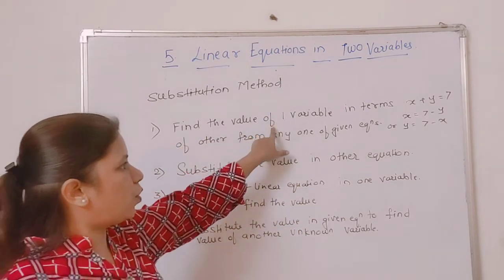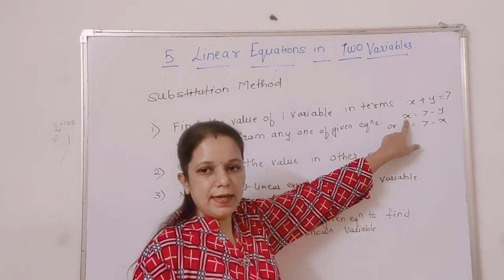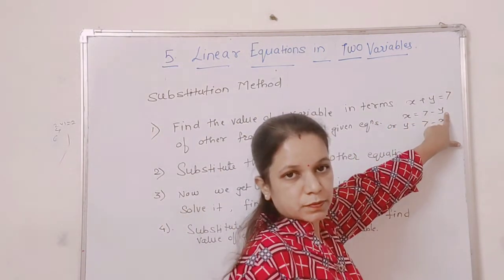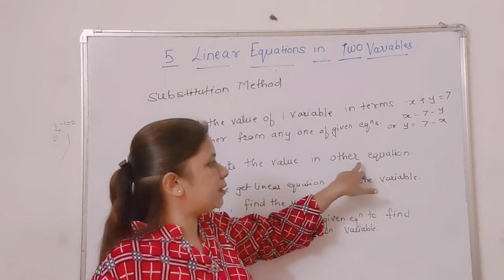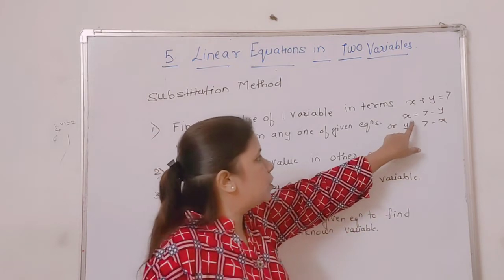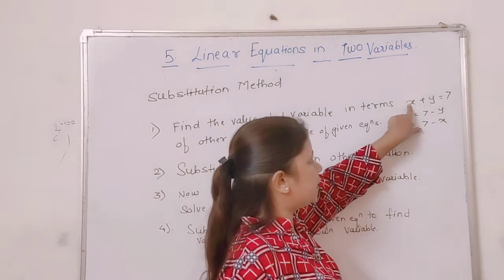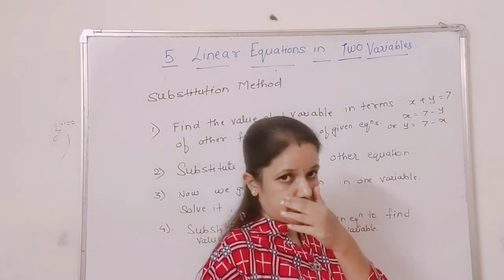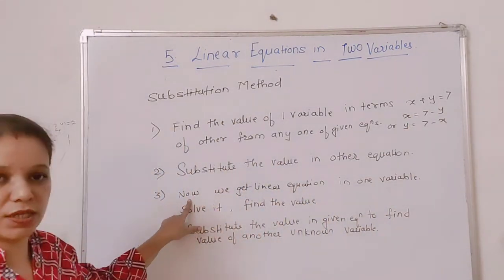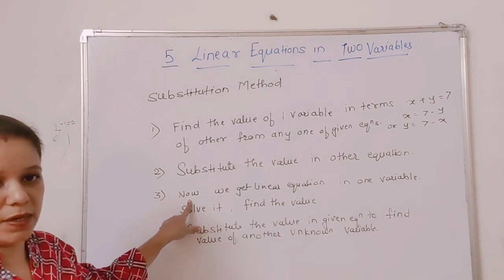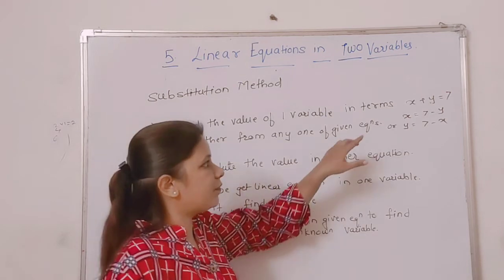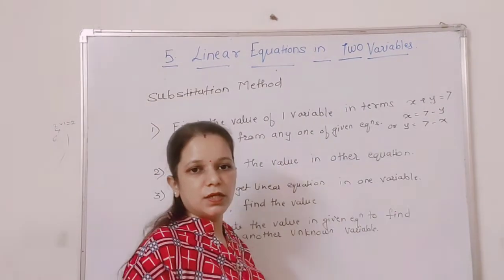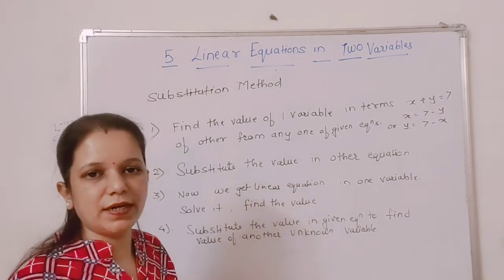Find the value of one variable in terms of another. Then substitute the value in any of the other equations. So the x value you can substitute here, or the y value you can substitute here, and solve this linear equation and find the value of the variable. Then that value we have to substitute in the given equation so that we can solve it and find the other required value.